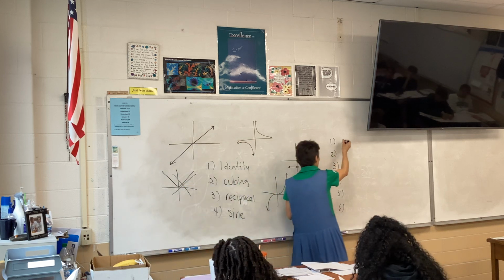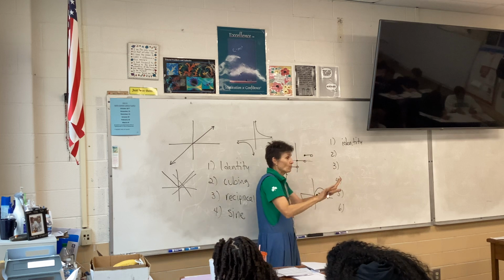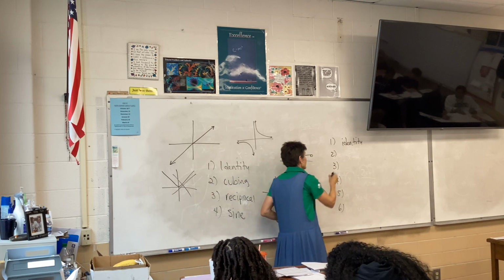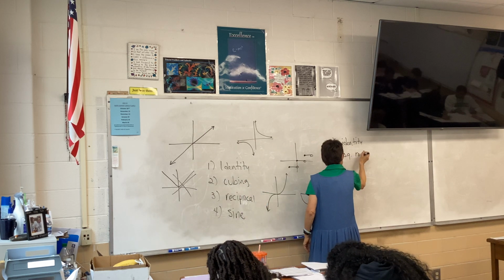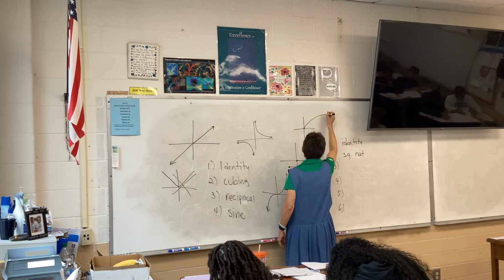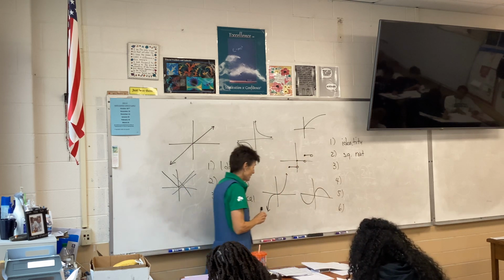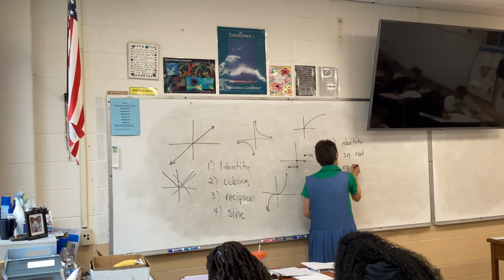Would the identity be 1? Yep. Right, what else? You're going up only when you draw it. Square root. Remember the square root function has a dot right here and goes out like that. Perfect. What else? Exponential.